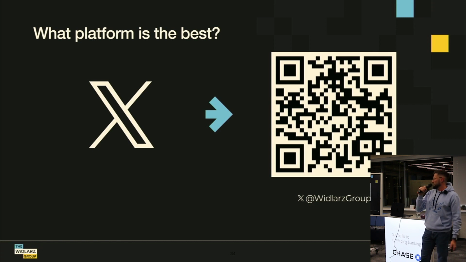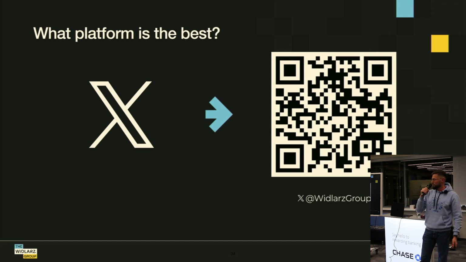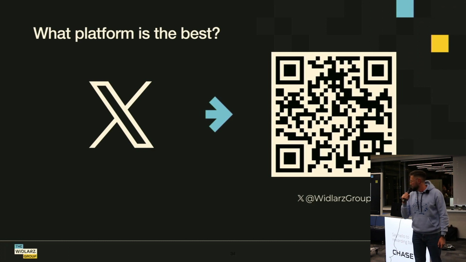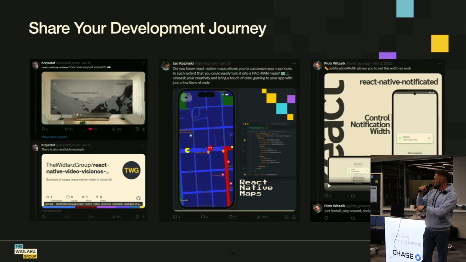The best way to track them is to follow the handles on X. Ours is here. You can get news regarding maps, video, notifications, emoji, and more to come. Besides sharing the highlights, we also share what we believe is good.